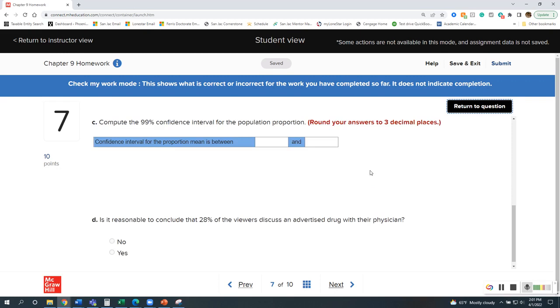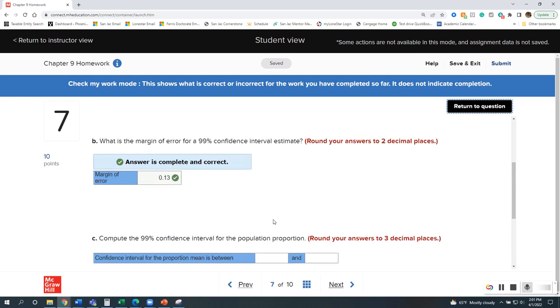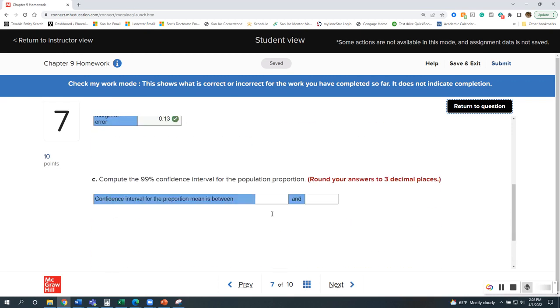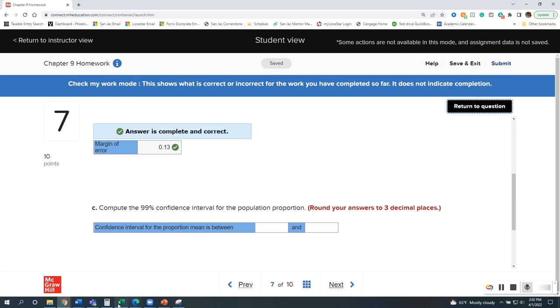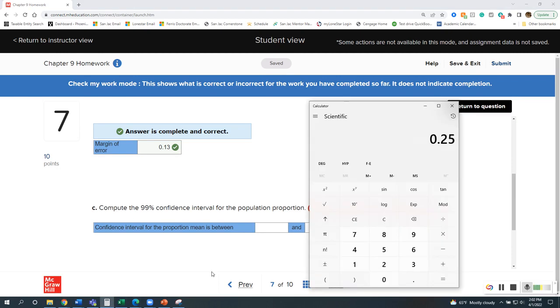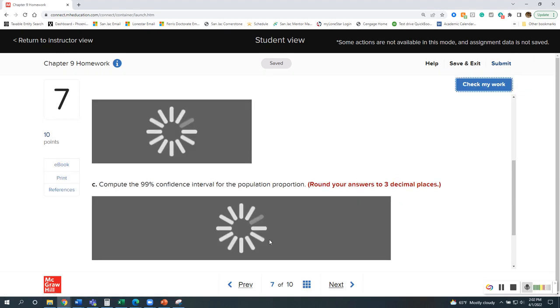Okay, and then of course we do the same thing. We want to add and subtract from 25%. So calculator, 0.25 minus 0.13. It's going to be from 0.12.